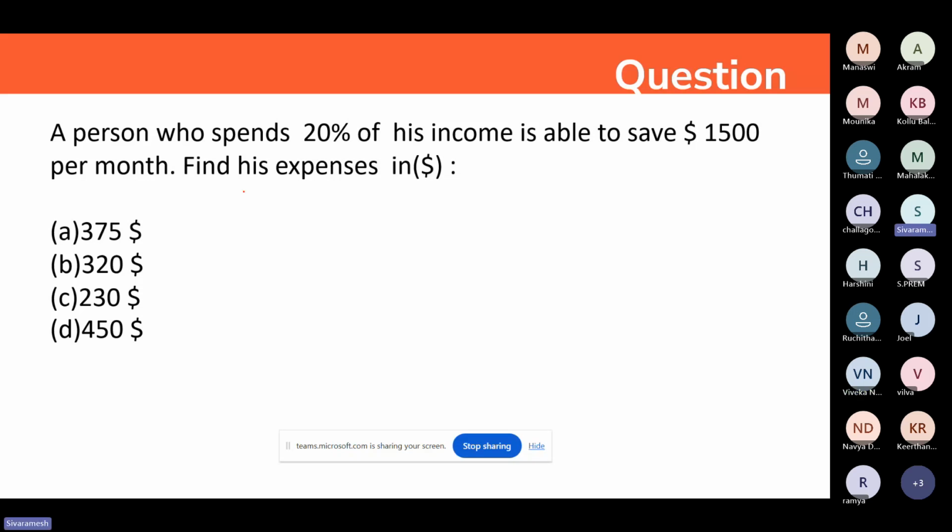Okay. Listen, guys, here a person who spends 20% of his income is able to save $1,500 per month. Find his expenses in dollars. Whatever it is, dollars or money, ignore that.